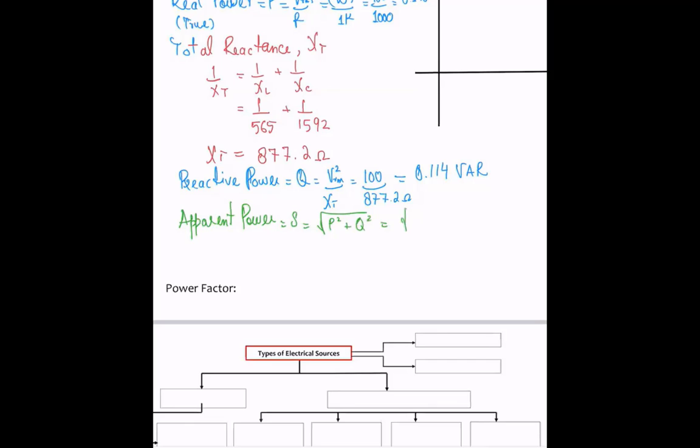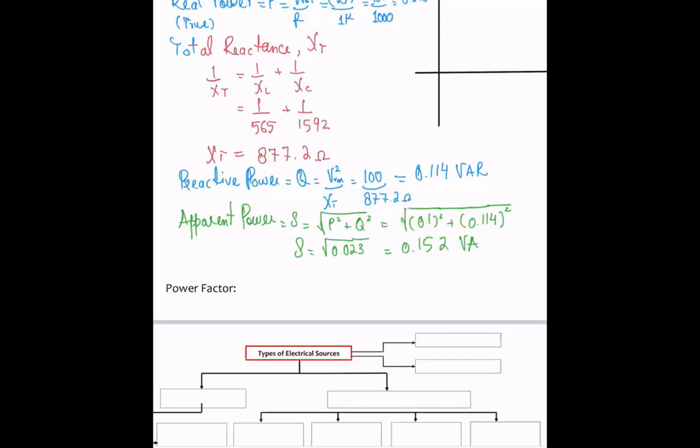If I plug in numbers here, real power was 0.1 squared plus reactive power 0.114 squared. S will come down to, if you do the math here, 0.023, and then the square root equals 0.152. Again, the unit we use is volt amps here. So that's your apparent power.